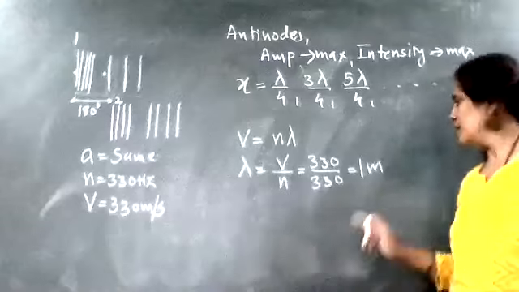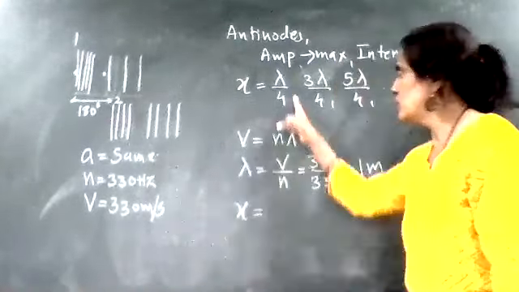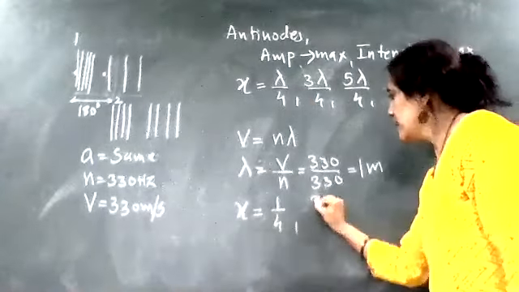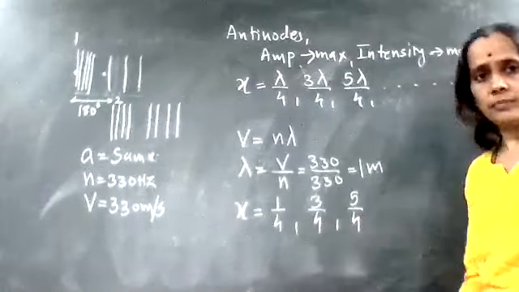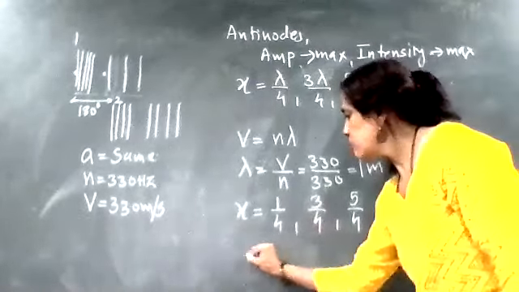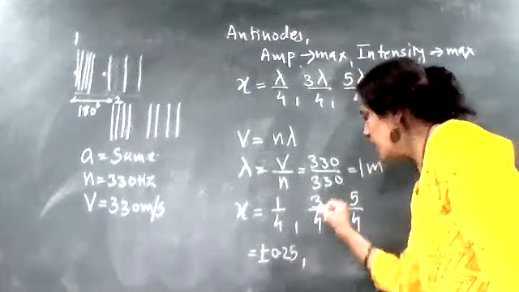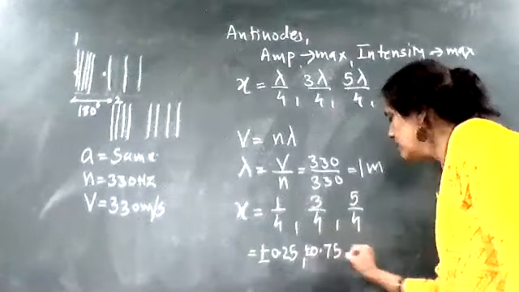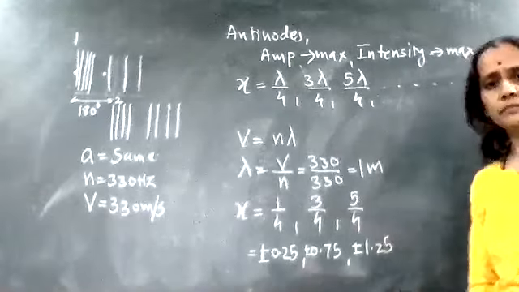If lambda is equal to 1 meter, then x is lambda by 4, that is 1 by 4. Next is 3 by 4, next is 5 by 4. 1 by 4 means plus minus 0.25, 3 by 4 means plus minus 0.75, comma plus minus 1.25.